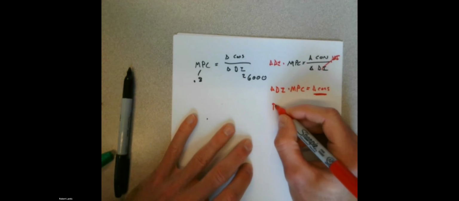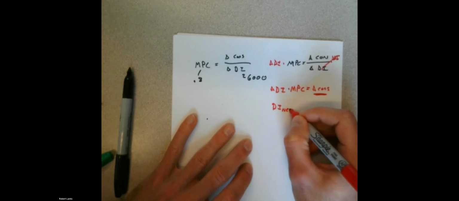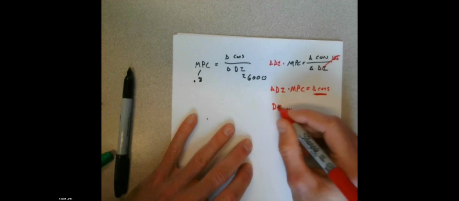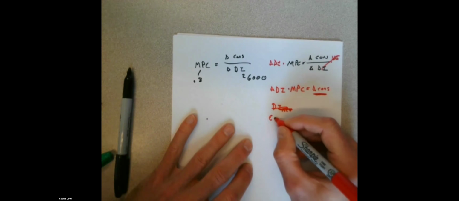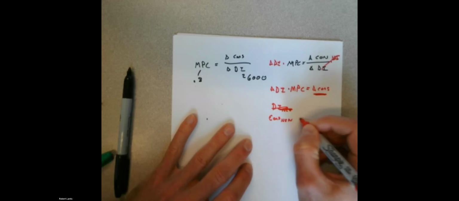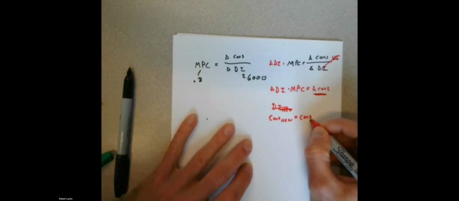So when my disposable income goes up, I would take that change in consumption, and if I want to find out what my new consumption level is, that's going to be my old consumption level plus that change in consumption.